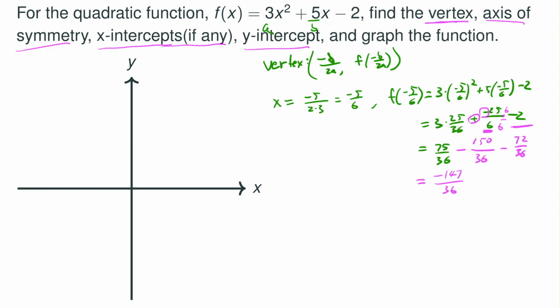Actually, we can simplify this further. We can divide top and bottom by 3. So we get negative 49 over 12. So the vertex is negative 5 over 6, comma negative 49 over 12. So if you were to graph this, let's just plot this. So here's negative 1.